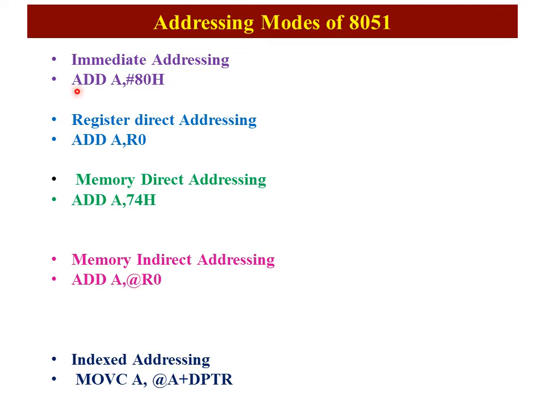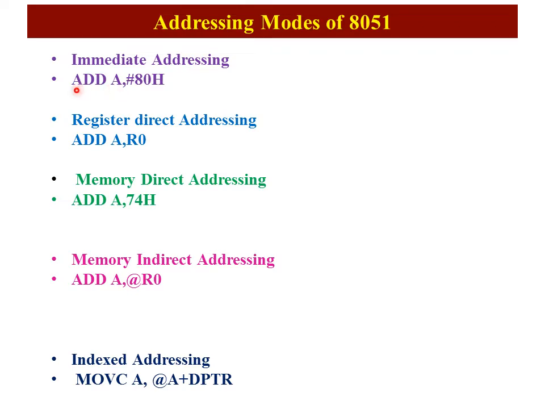Now observe the following instruction: ADD A, #80H. In immediate addressing mode, the data is directly specified in the instruction. Here 80 will be treated as direct data. A is nothing but a register; by default A is treated as the accumulator register.